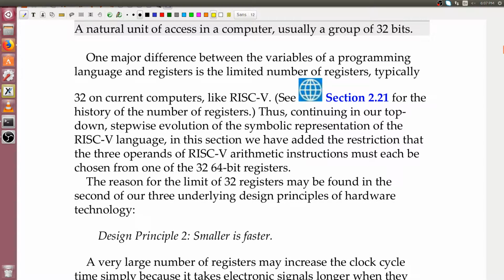What book is, oh, yeah, so here. Computer Organization and Design, RISC-V. Okay, so this is the book. Now, I'm not going to tell you guys what to do, but I might Google Computer Organization and Design, RISC-V PDF.